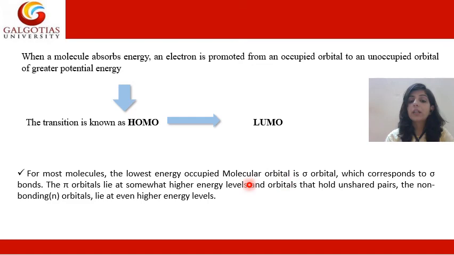So we have three types of orbitals: sigma orbitals, pi orbitals, and n orbitals. On the basis of that, we have different types of transition occurring: your sigma to sigma star transition, your n to sigma star transition, your pi to pi star transition, and your n to pi star transition.